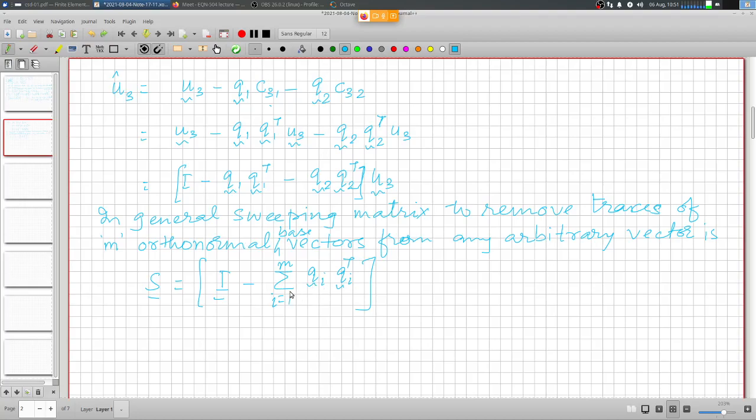So either you normalize while constructing these orthogonal vectors, or you need to normalize during construction of the sweeping matrix. So whichever way you look at it, normalization will be required at some point.